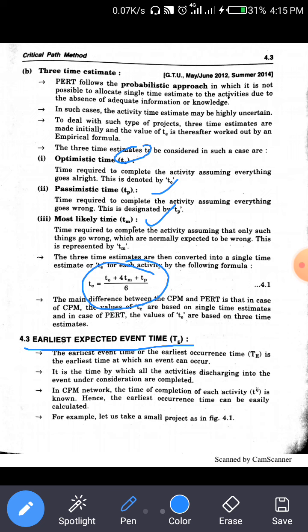It is the time by which all the activities discharging into the event under consideration are complete. In a CPM network, the time to complete each activity is Tij, where I is the starting point and J is the ending point of the activity.